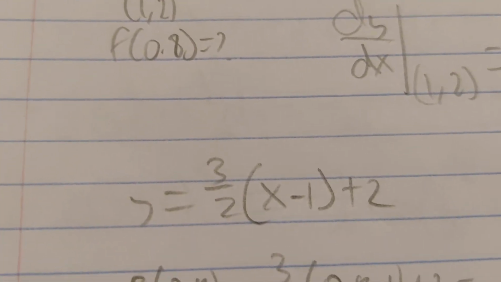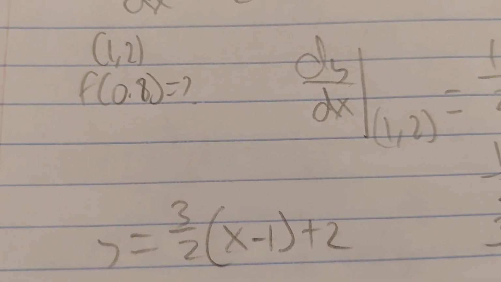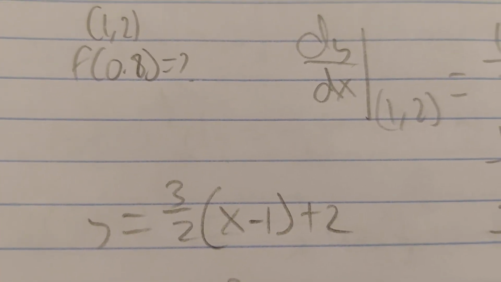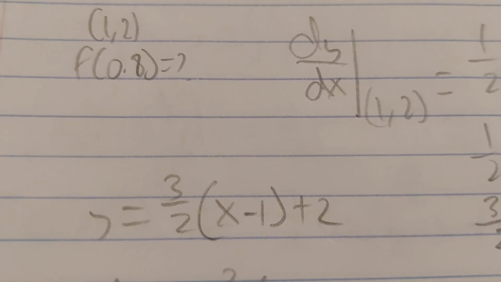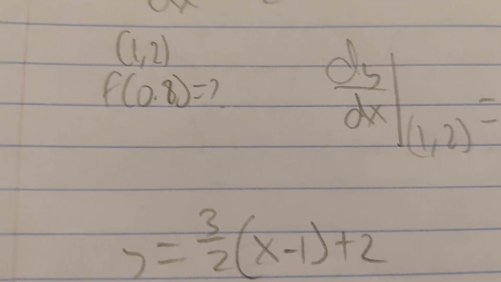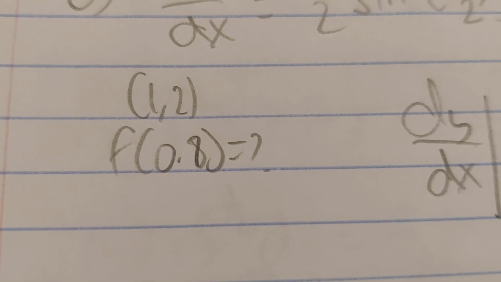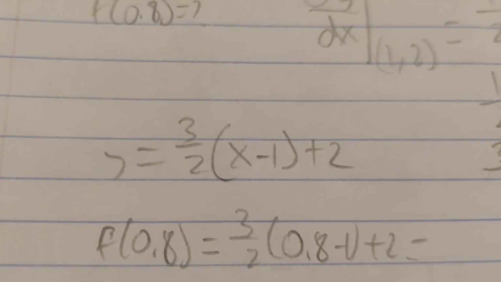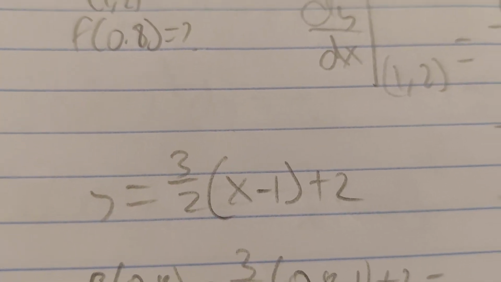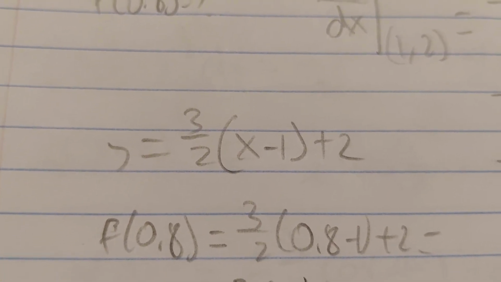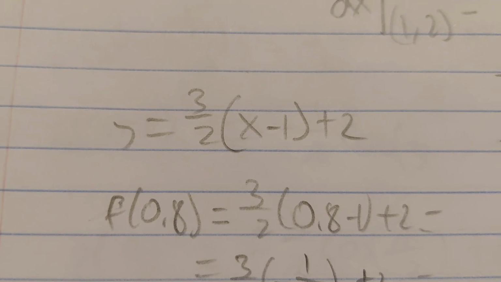So we can put this into the equation for a tangent line, y = mx + b. y is equal to 3/2 (x − 1) + 2, where 3/2 is the slope of the tangent line at the point (1, 2). So now we have to approximate f(0.8). We basically plug in 0.8 as the x value.